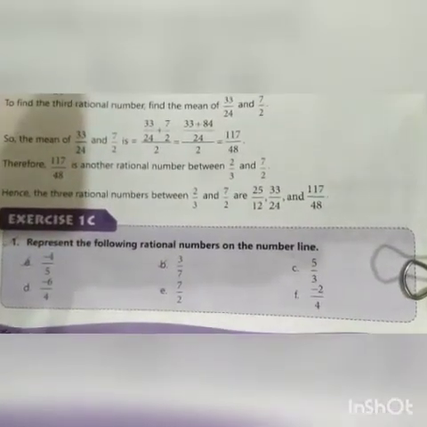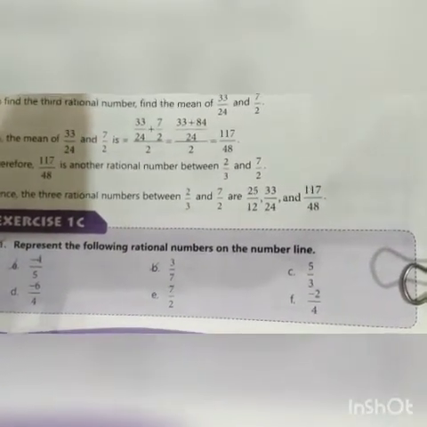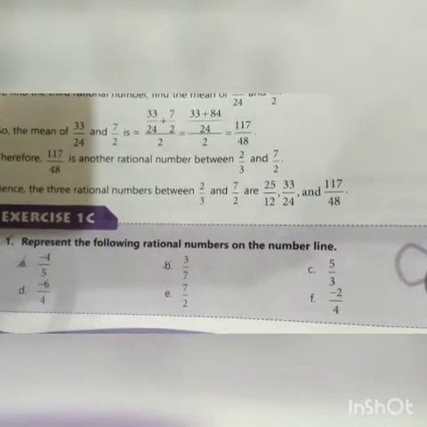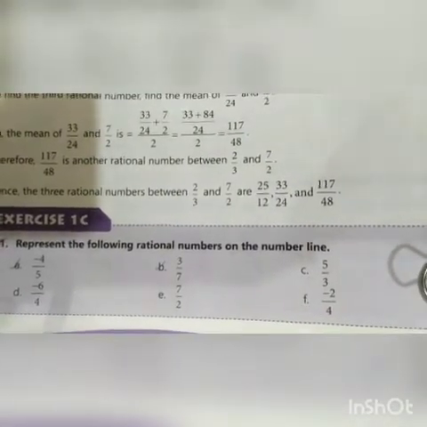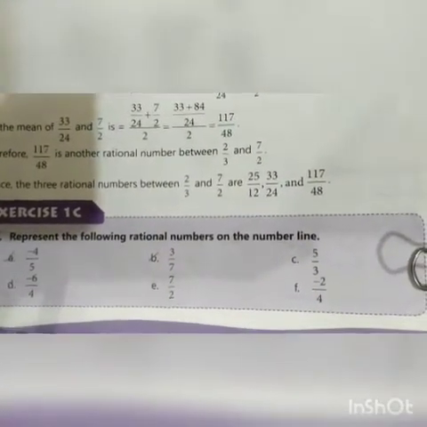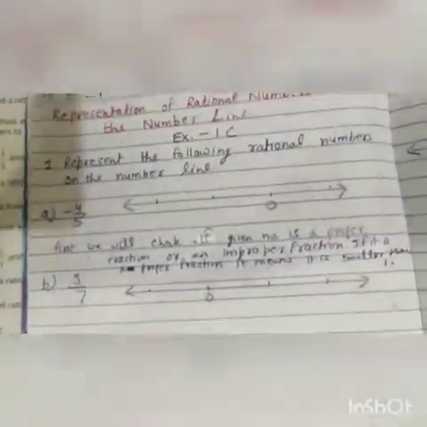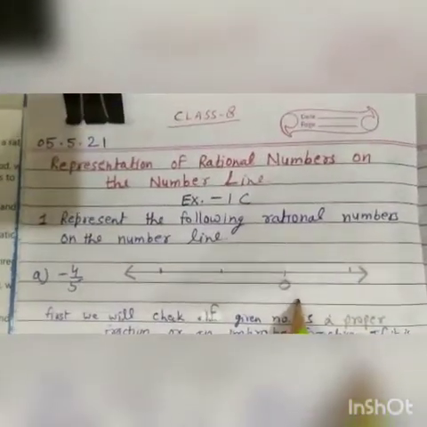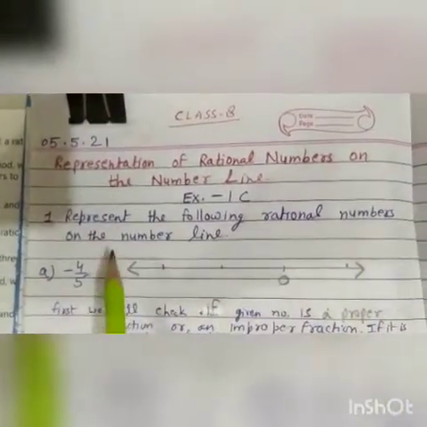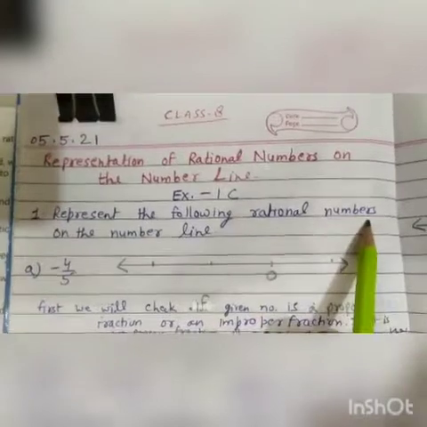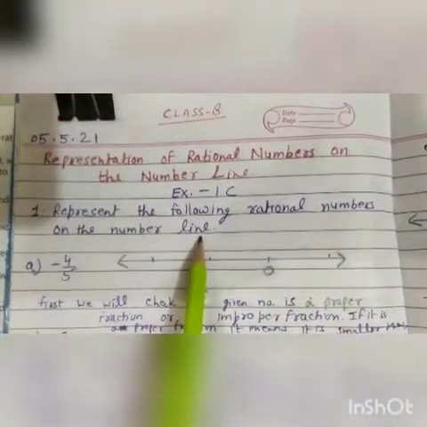A is minus 4 upon 5, B is 3 upon 7, C is 5 upon 3, D is minus 6 upon 4, E is 7 upon 2 and F is minus 2 upon 4.